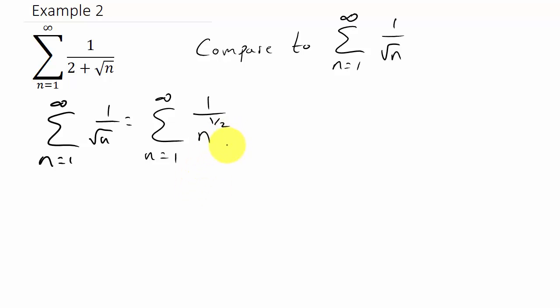Now this right here is a p-series, and remember, for a p-series, if p is greater than 1, then it converges, and if p is between 0 and 1, including 1, then it diverges.